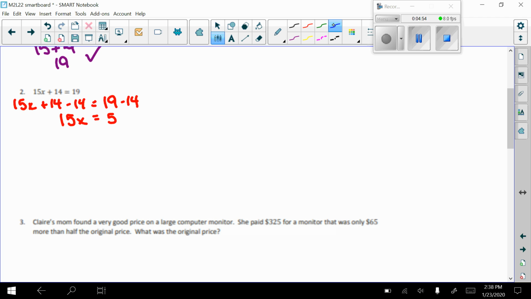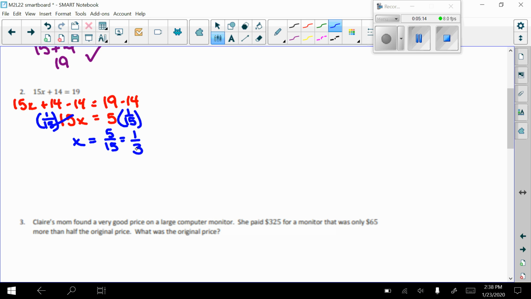Then I multiply by the reciprocal of 15 and I get x equals 5 over 15. It's going to be a fraction. So x equals 1/3.